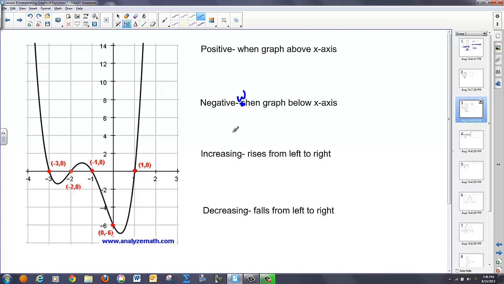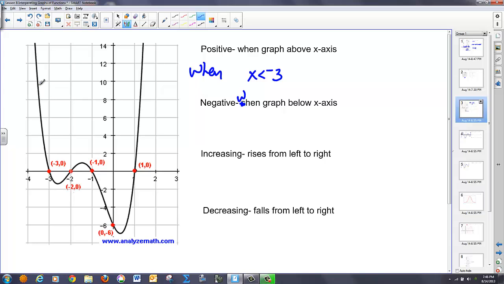So let's go ahead and state when the graph is positive and negative. I'm going to jump a little bit ahead and use inequality signs, but I would assume that you've had those in middle school. This graph is positive when, and we state when they're positive by stating the x values in which they are above or below that axis. So when x is less than -3, this graph is positive.